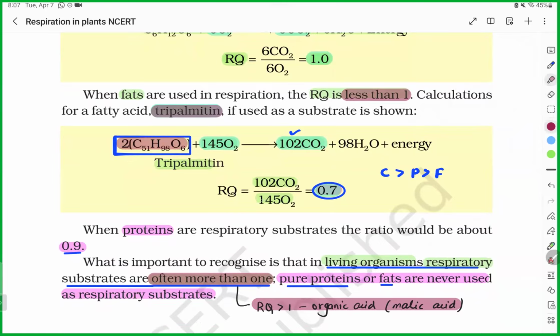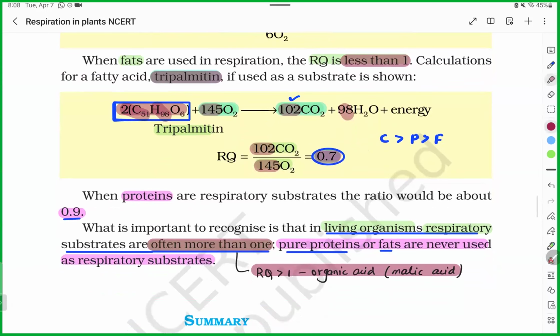How many oxygen consumed? 145. Number of CO2 produced? 102. How many H2O is produced is easy to correlate. How? The number of hydrogen given here is the same. Correct? Even CO2 is easy. If you know carbon is 51, double of this is 102. Correct? So if you know 0.7, you can even calculate this, 145. But if we already have an idea, things become easy. Last, protein. In case of protein, about 0.9.